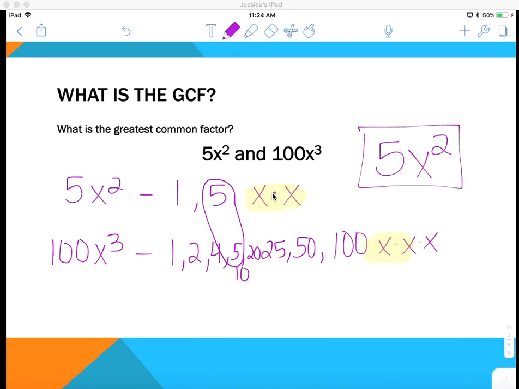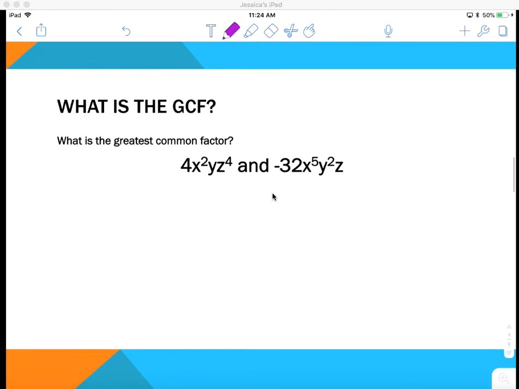I can take out two x's from each one, and I can divide both by 5. You should get to the point where you can name the GCF number just by looking at it. So if you look at this, between 4 and 32, I know that 4 can go into both 4 and 32. So my GCF starts with 4.